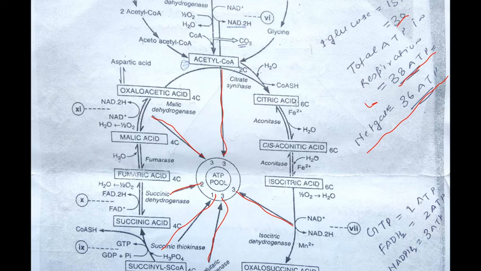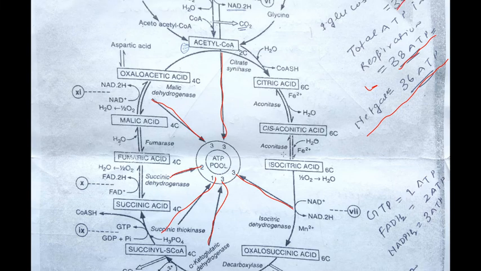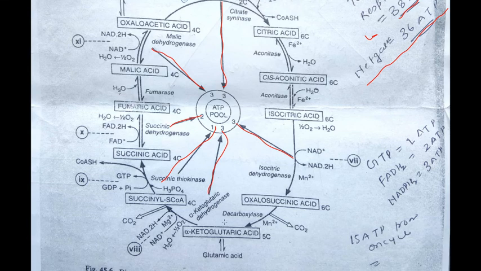So many questions are asked from the Krebs cycle. You can learn which enzyme is used in which step, and how many reversible steps there are here. Clear? And in which step ATP is produced, in which step NADH2 is produced, in which step GTP is produced, in which step FADH2 is produced, which enzyme is used for the production of FADH2, and which enzyme is used for the production of NADH2.